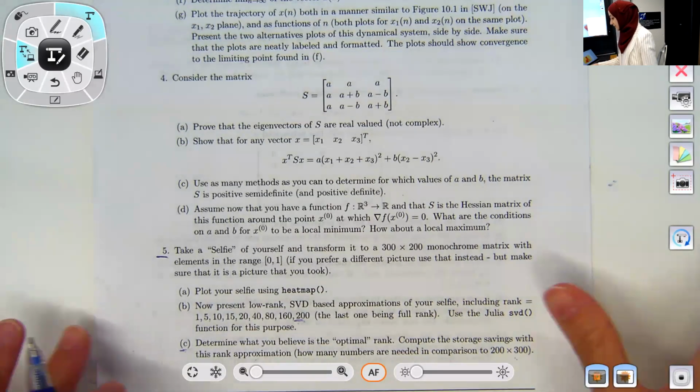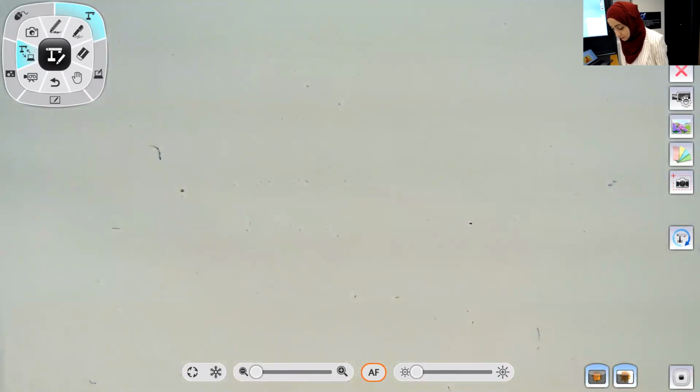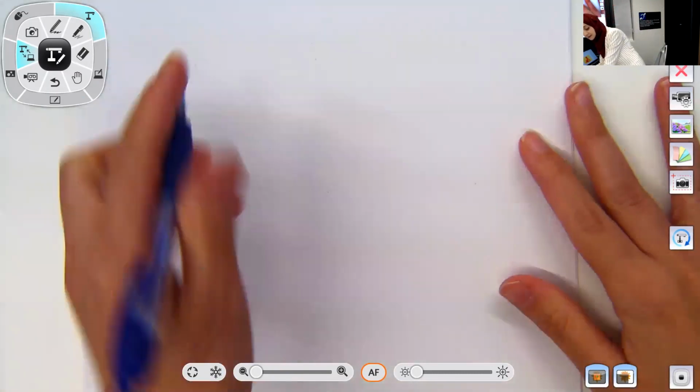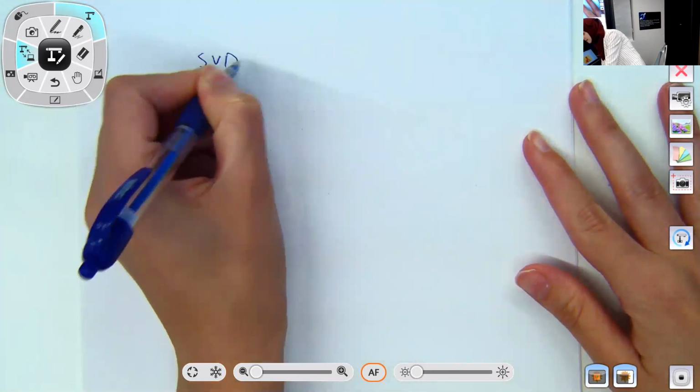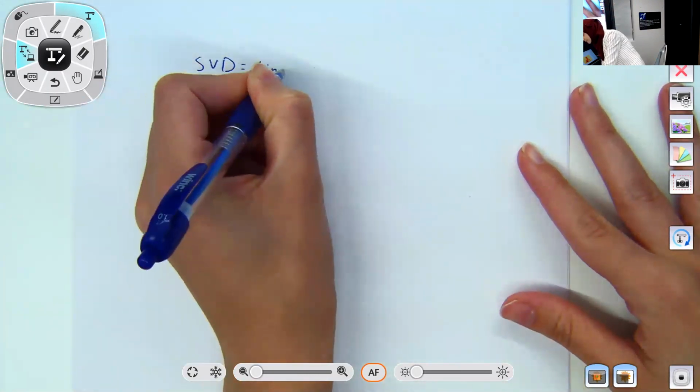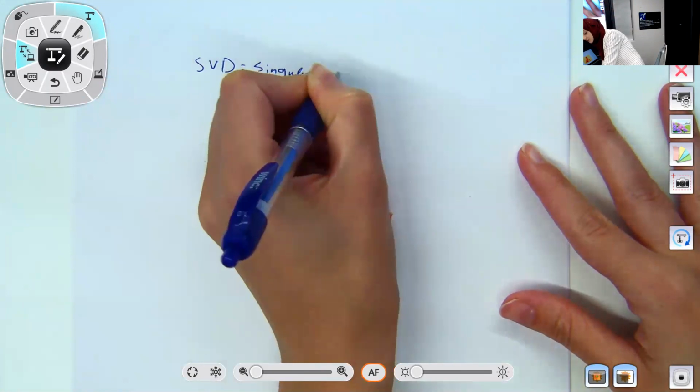At the beginning, what is the meaning of SVD? SVD means singular value decomposition.